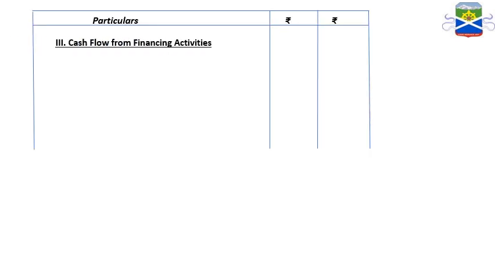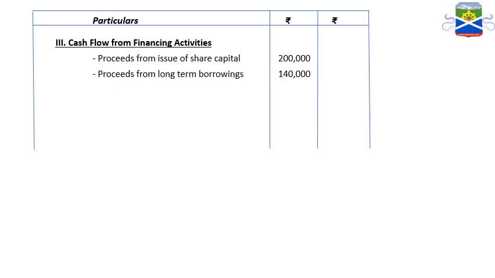Now the third section, cash flow from financing activity.